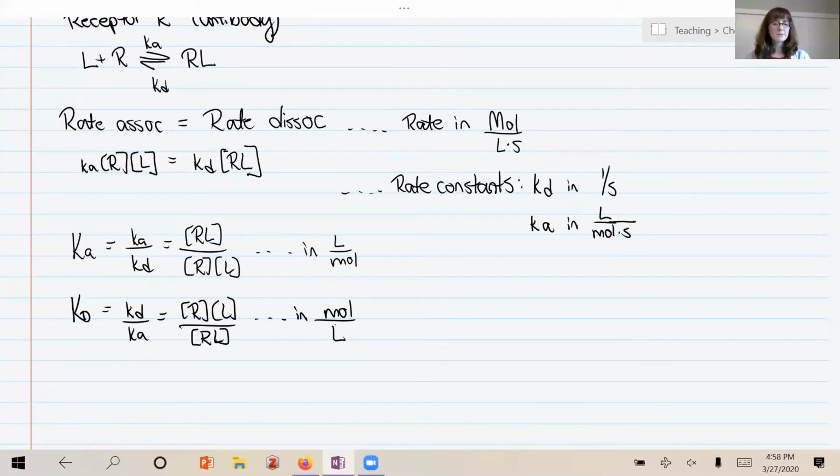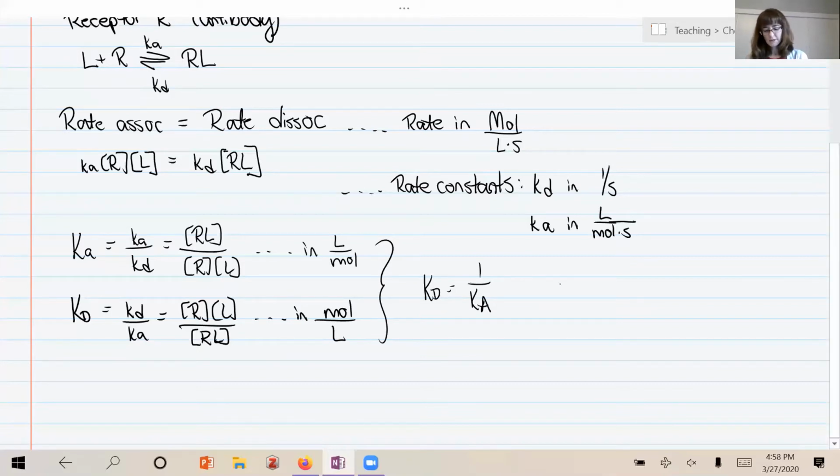Okay, and so it's important to note that, of course, these two are simply the inverse of each other. So KD is just 1 over the KA. And when people are talking about affinity and they say something is high affinity, what they mean is that it binds very tightly and that it's actually a low KD.